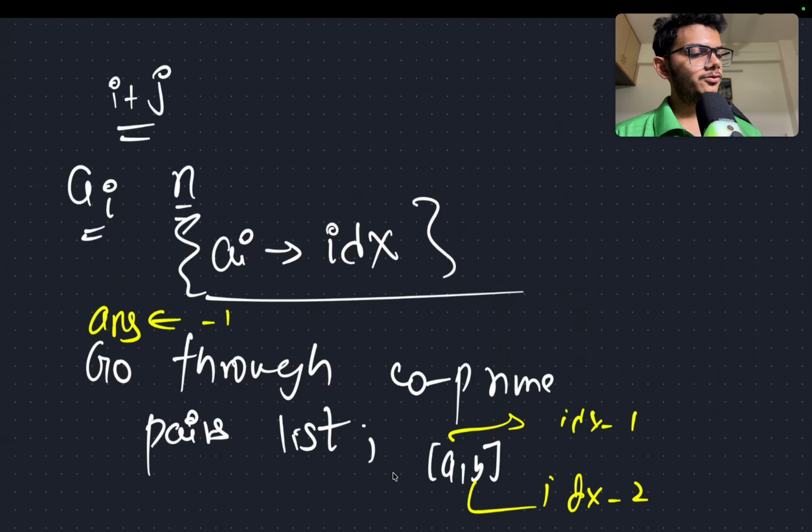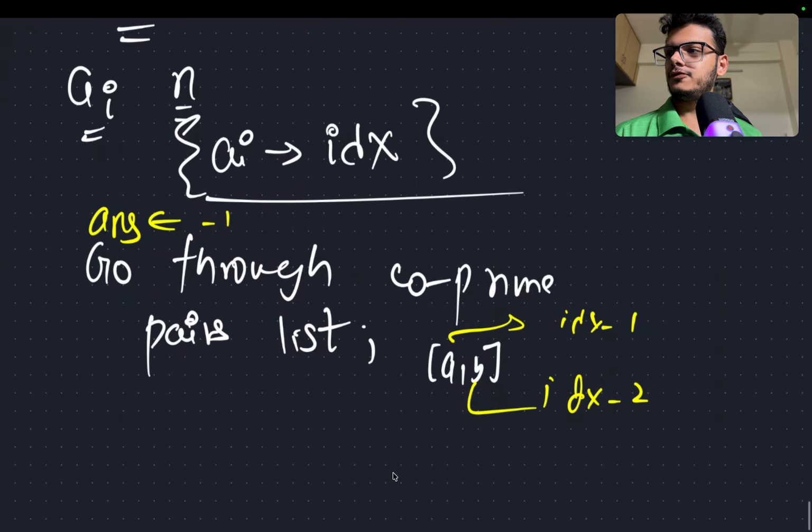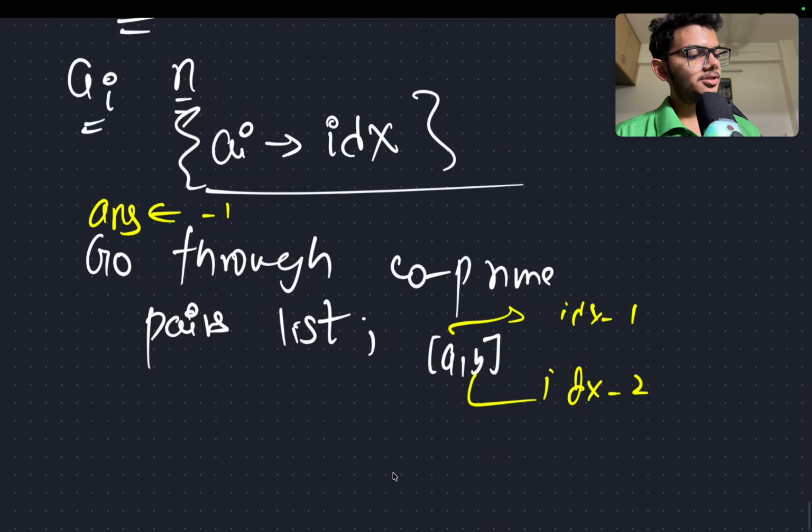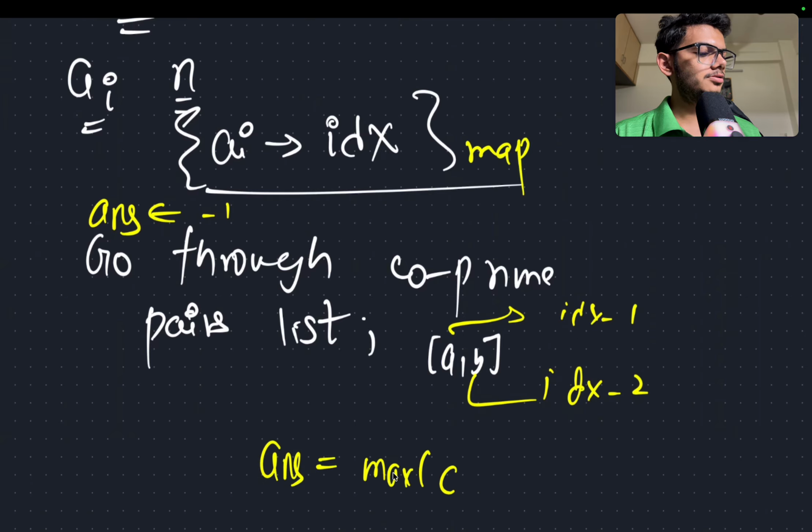And here, if you can find a coprime pair such that their indices exist in the array, so you can maybe create a map or something like that, if indexes exist for these guys, you can update your answer. How do you update your answer? Answer will be simply max of answer and whatever index 1 plus index 2 is. Okay, so this will be it then, right?